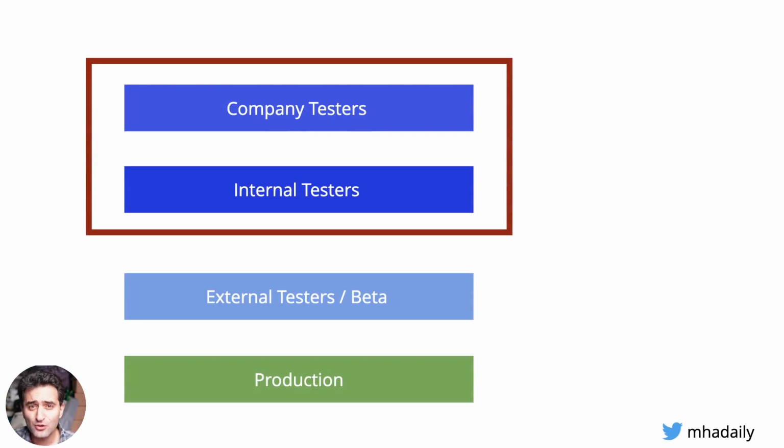If you want to categorize your company users, they're probably going to start from the testers, like internal testers and company testers, like maybe your team testers. Maybe you have some beta, open beta, or maybe external testers. And then at the end, it goes to production. This is a very typical phase of testing an application.